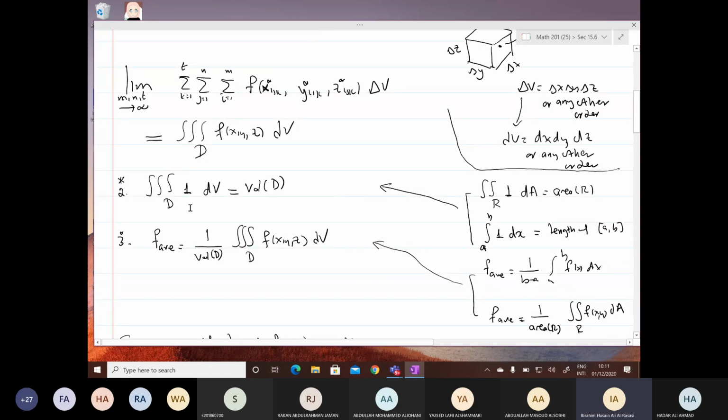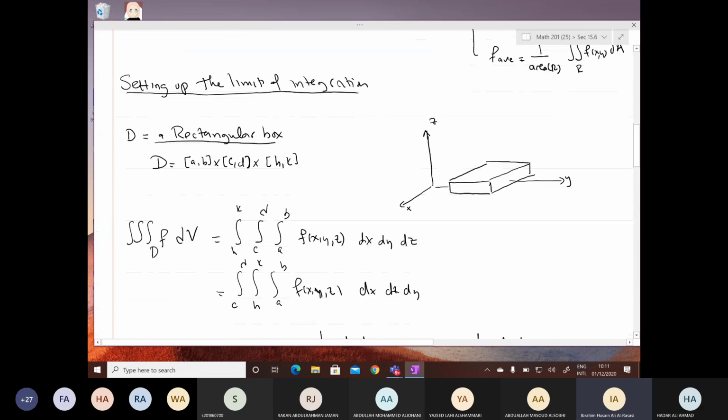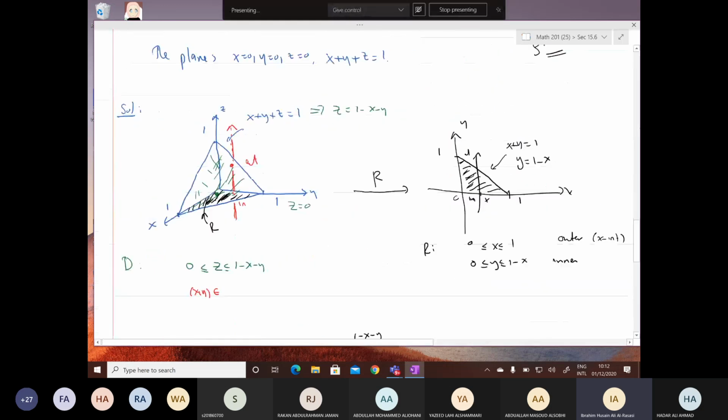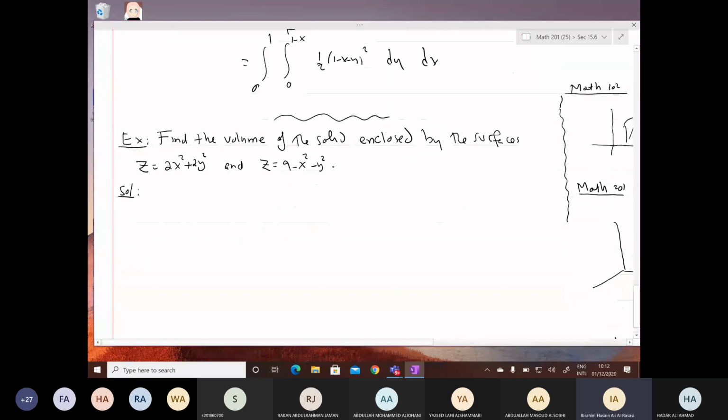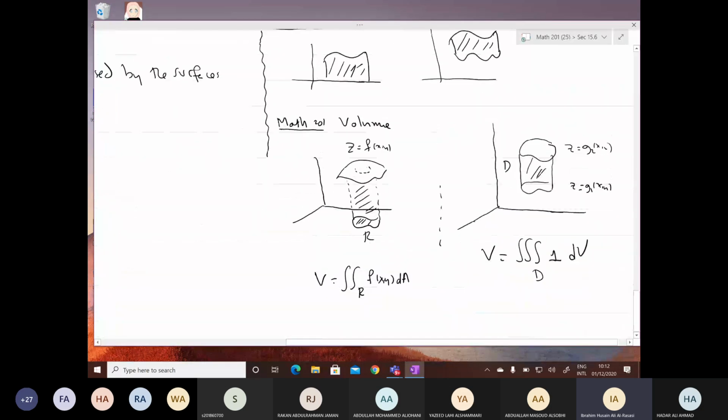This is where we use the geometric application of a triple integral. When you take the triple integral of 1, you get the volume of any solid. So when you have a solid lying between two surfaces, it is better to use a triple integral and use this formula here.